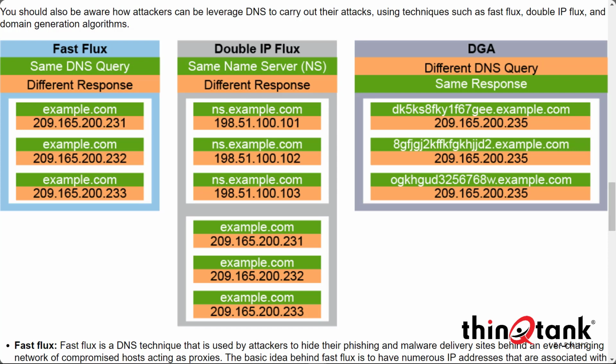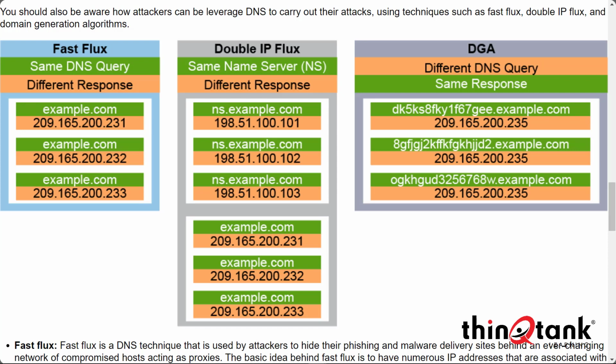All right, a single flux network has multiple individual nodes that are registering and deregistering their IP address as part of the A record for a single domain name. These registrations are typically very, very short lifespans, 5 minutes on average, to create this constantly changing flow of IP addresses when we're trying to access a particular domain.